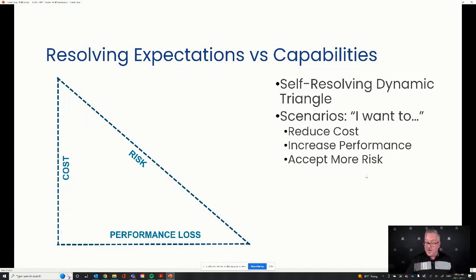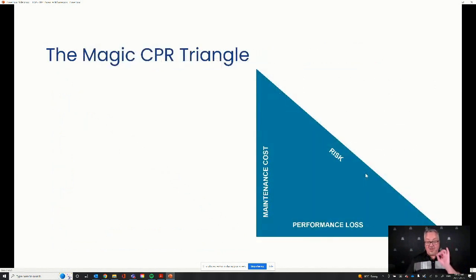The other key to take away here is that what we're really interested in is the area, right? So the higher the area, the higher the burden, right? So what we want to do is make decisions to reduce the area of that triangle. So if you can reduce your cost, if you can reduce your performance losses, if you can reduce your risks, which risk in this definition is simply the threats that have not yet manifested themselves either in performance loss or maintenance cost, right?